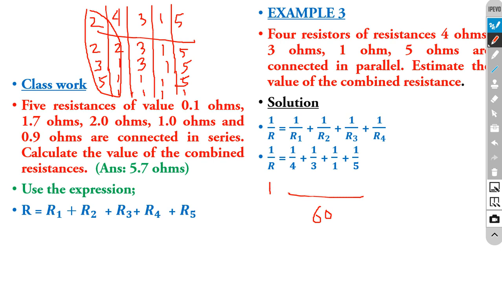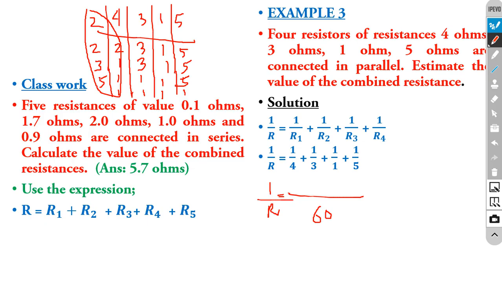We have 1 over R equals to, okay, so all we are going to do next is to use the LCM and divide by the denominator.